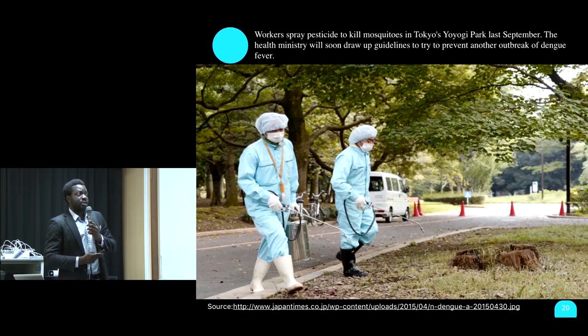Those are workers spraying pesticide to kill mosquitoes in Tokyo's Yoyogi Park because there was an outbreak of dengue fever. This is also a way to control the epidemic, by destroying the vector directly.